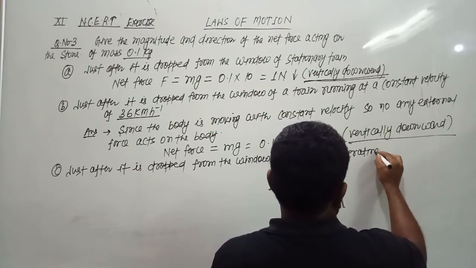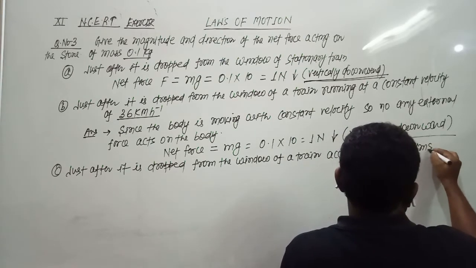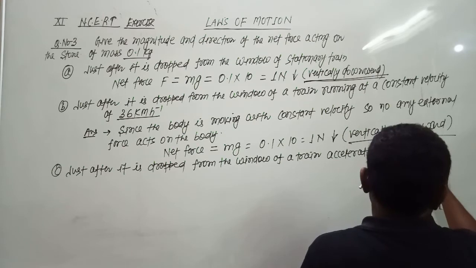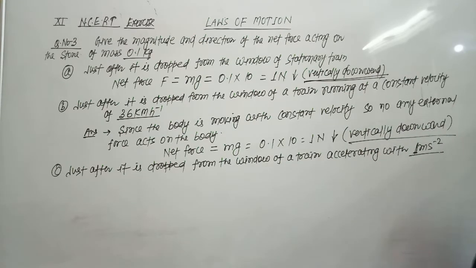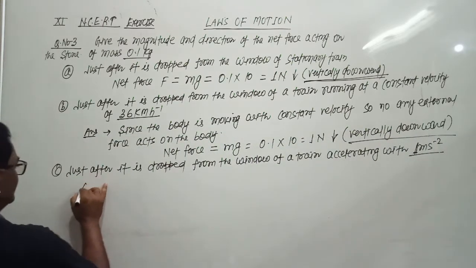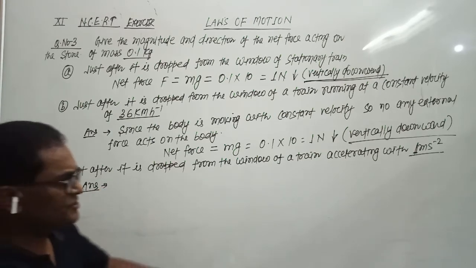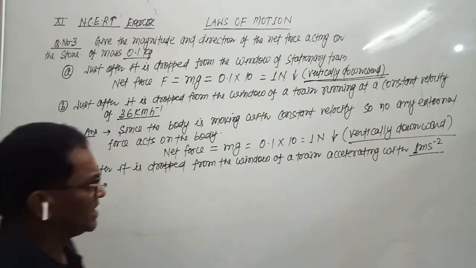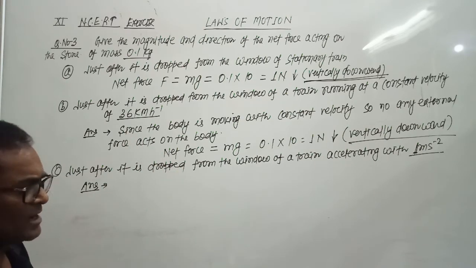Since the train is accelerating, the acceleration of the train is given: 1 meter per second square, and the mass is 0.1 kg.